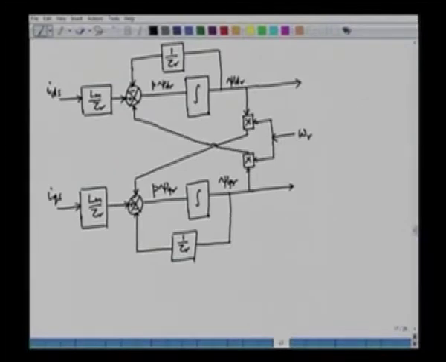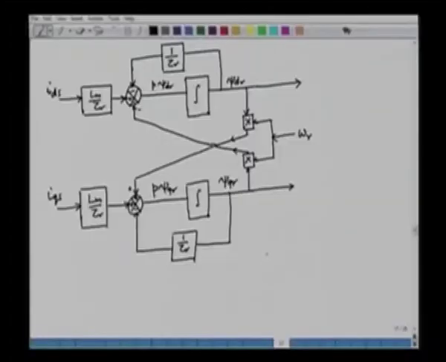This is the output in this case. This is also the output, and this feedback is negative here, and this feedback is positive here. So we have a negative feedback in this case, we have a positive feedback here. So this is as per the equation. So this is the current based estimator of the flux.